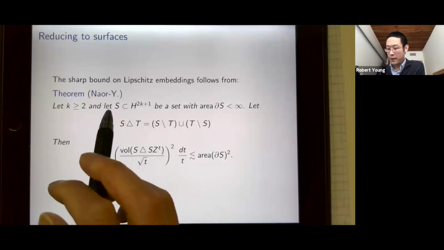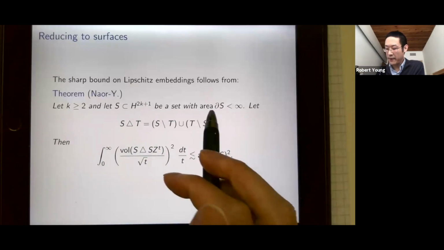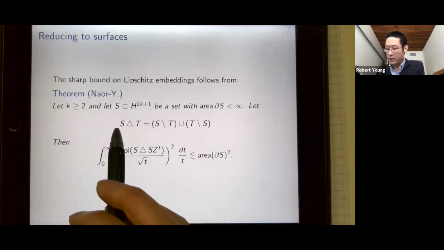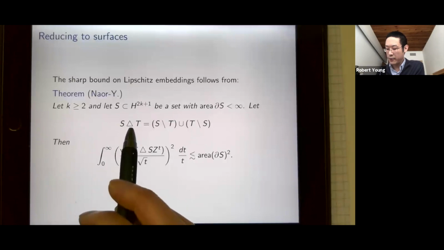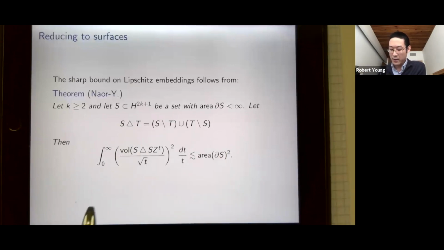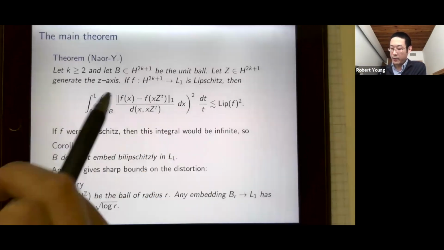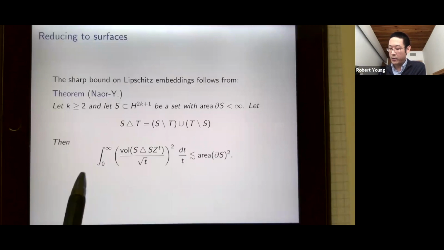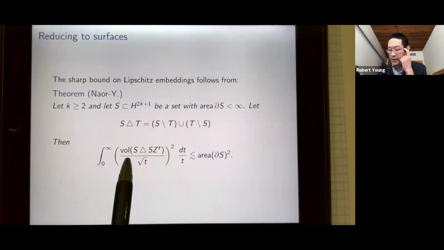So if S is a set with finite perimeter, let's define the symmetric difference operator. S symmetric difference T is the set of points that are in S but not T, or in T but not S. And this inequality on the Lipschitz distortion is equivalent to this inequality about cuts. That the integral from 0 to infinity of, again, let's unpack this.